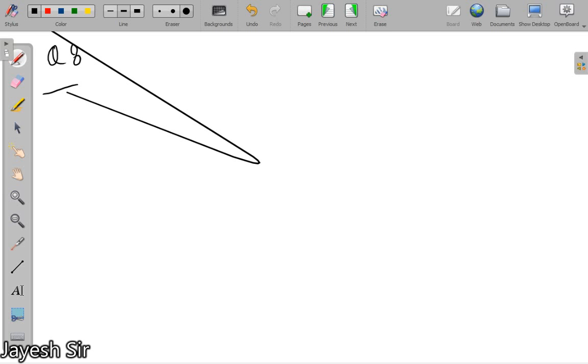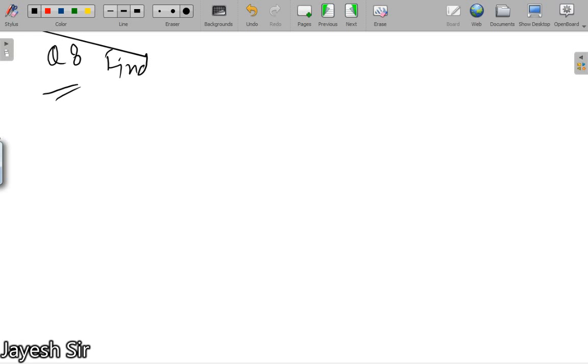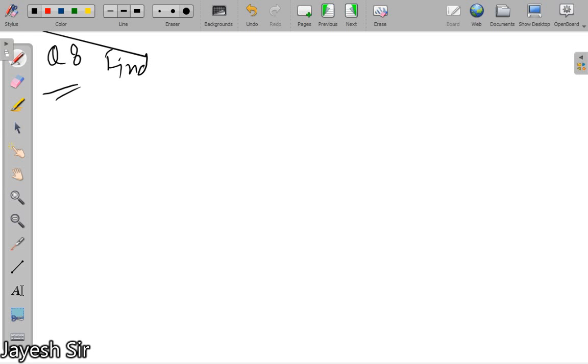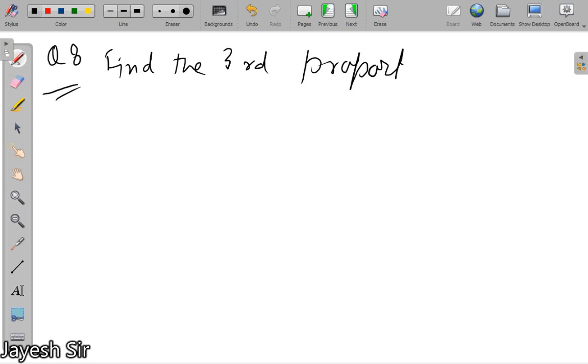Find the third proportion of each of the following.